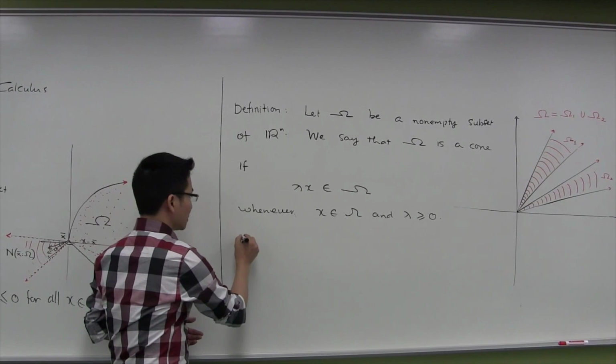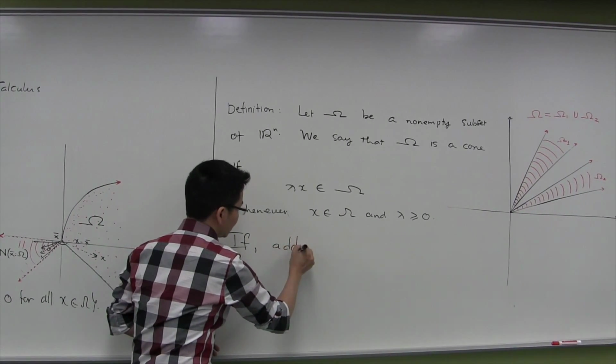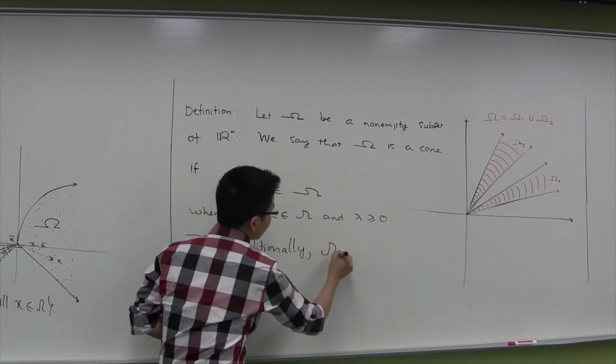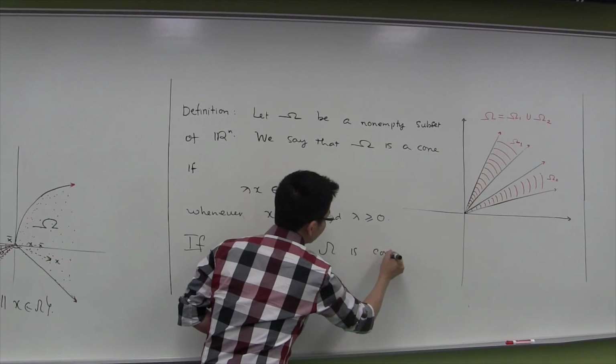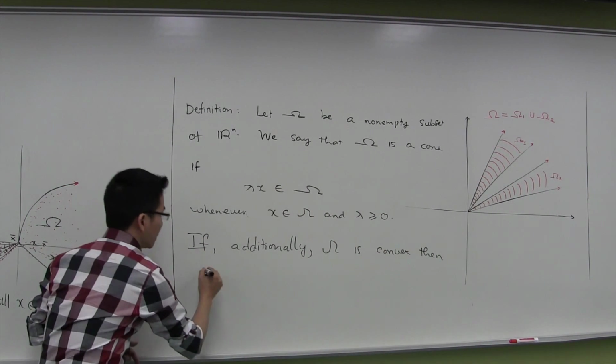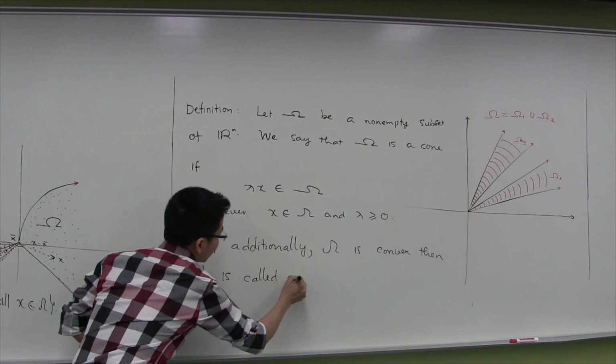If additionally omega is convex, then it is called a convex cone.